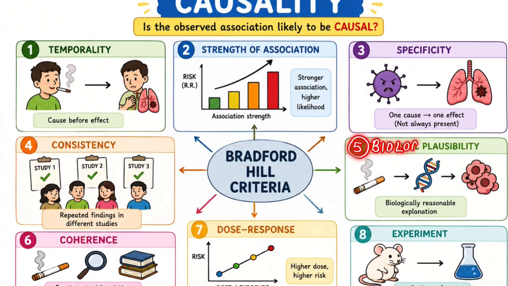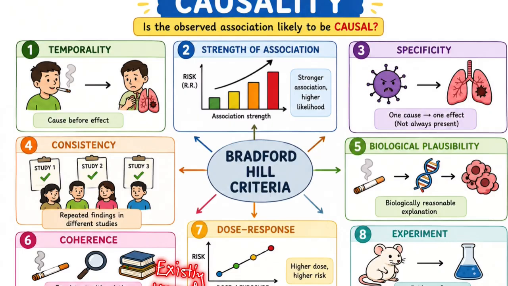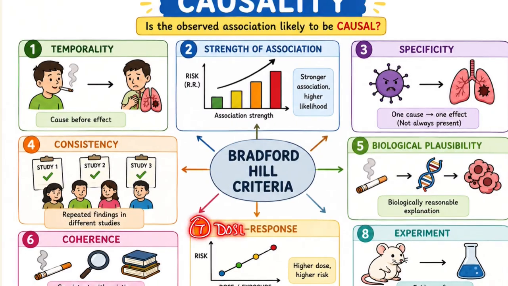Fifth one is biological plausibility. There should be a biological explanation behind the cause. Sixth one is coherence. It should be concurrent with the current knowledge. Seventh one is dose response, which means the higher the dose, the higher the risk of having disease.